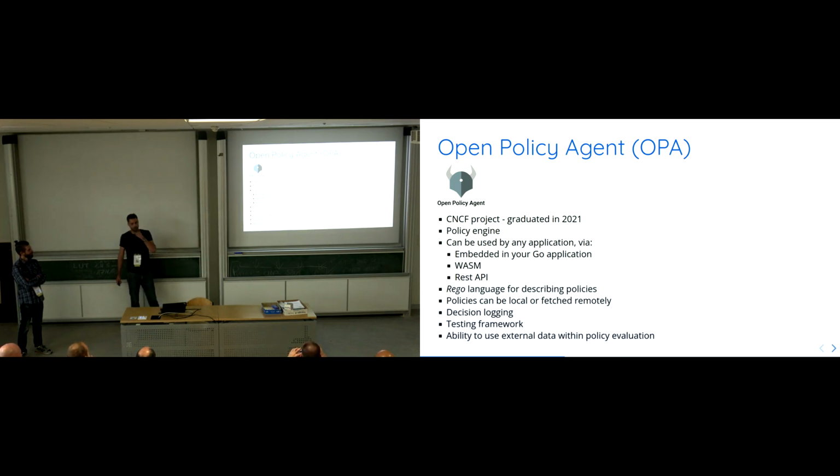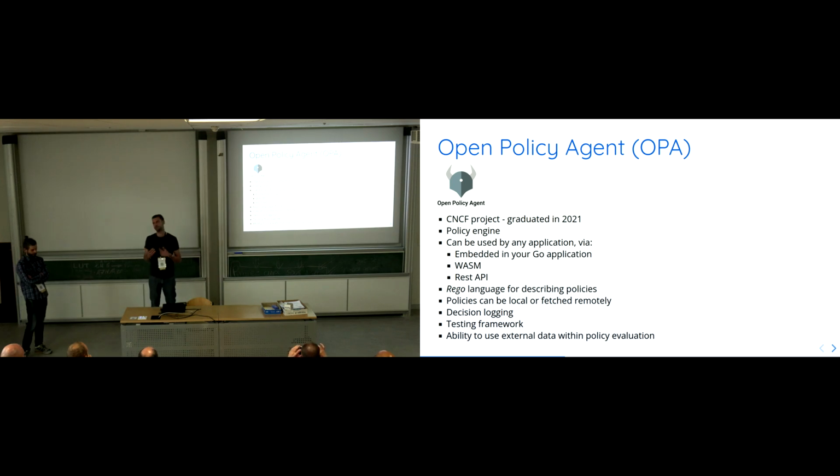It has a specific language called Rego, which we use to define the policies. So instead of this long Boolean line that you have in your policy YAML, now we will use a different language. Artem will show you in a bit. And there are some interesting features that we will make use of. The policies can be fetched remotely, so you see the central location I mentioned before.